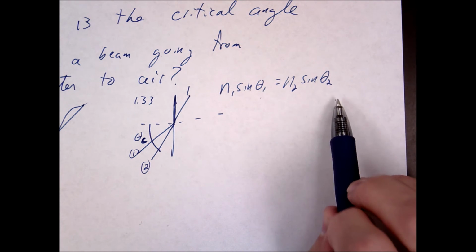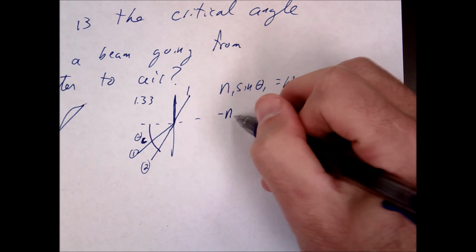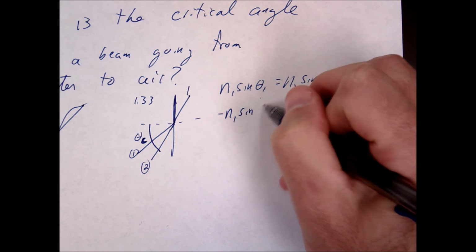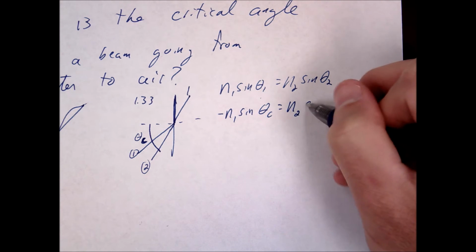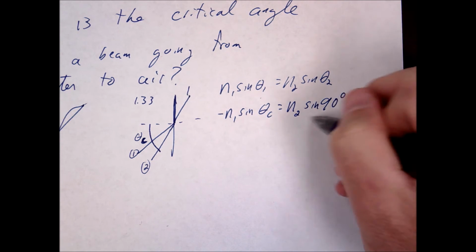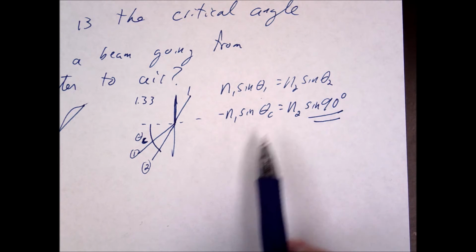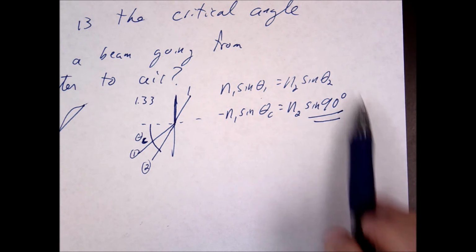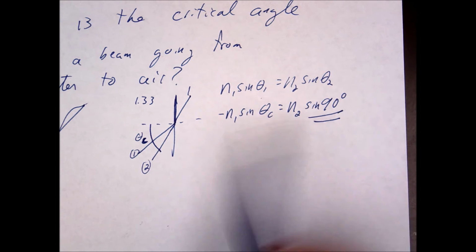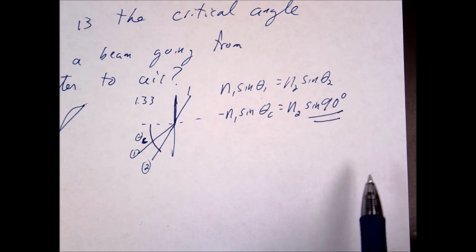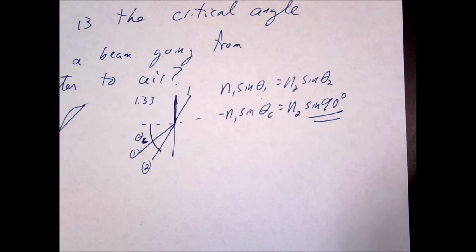So if you want a generic equation, it would be N1 sine of critical equals N2 sine of 90. So the critical point happens when refraction tries to be 90 degrees. Okay? So why don't you guys go ahead and calculate this for water? What is the critical angle for water and air?